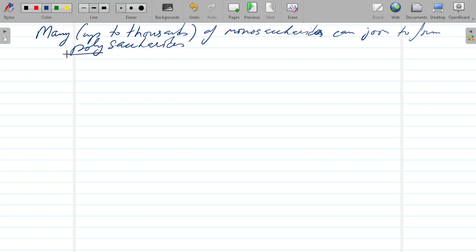Poly meaning many. Okay, so we're not putting a number on this because they can be hundreds, it could be thousands. We're not saying, oh, this many make up that molecule.